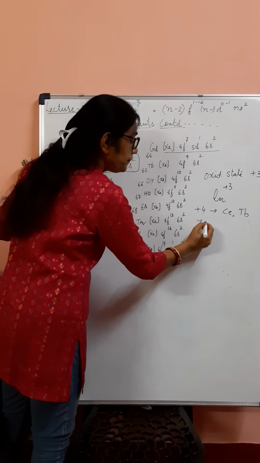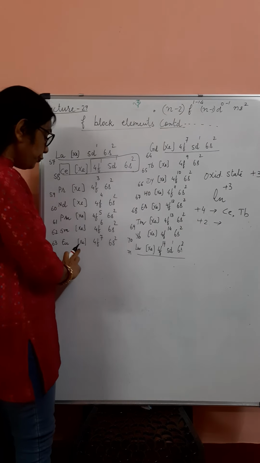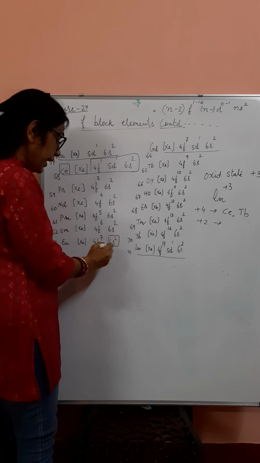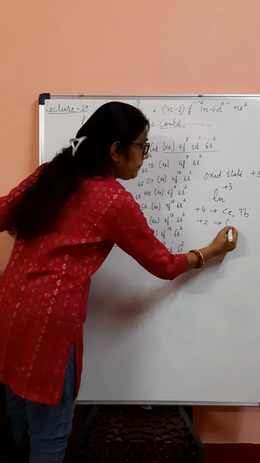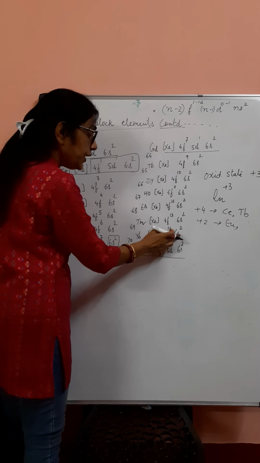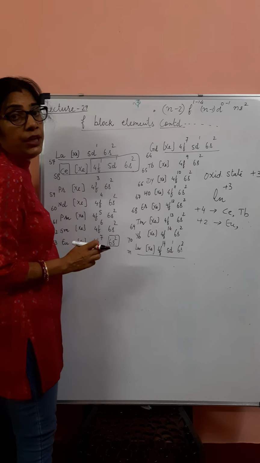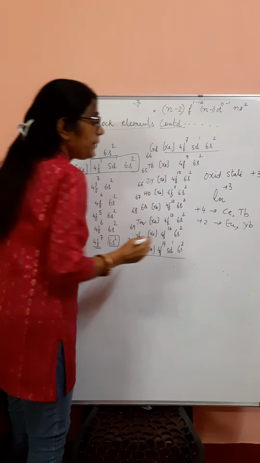Then +2 is shown by, let's see, europium. After losing its 2 electrons, it becomes 4f7. So therefore europium. And have a look at ytterbium. After losing 2 electrons, it attains stability, a fully filled orbital. So therefore, europium and ytterbium.